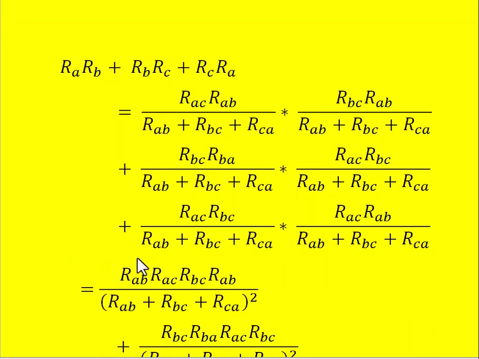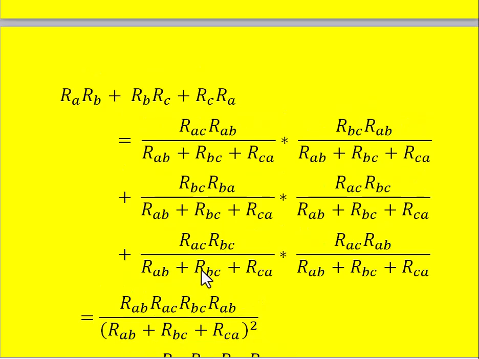Because the denominator is common in all these right hand side terms, and that too it is a square, we get like this: (RAB plus RBC plus RCA) whole square, and the numerator values here we get RAB, RAC, RBC, RAB.